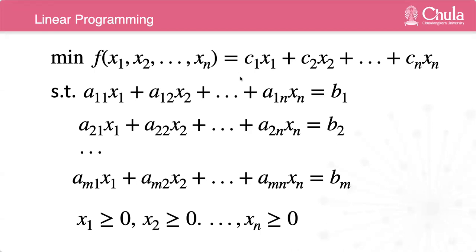It must be constant because it's a linear function. You cannot have a nonlinear term, so you can have only constant terms with variables. You cannot have a multiplication of x1 and x2, or xi xj, because that renders the function nonlinear.